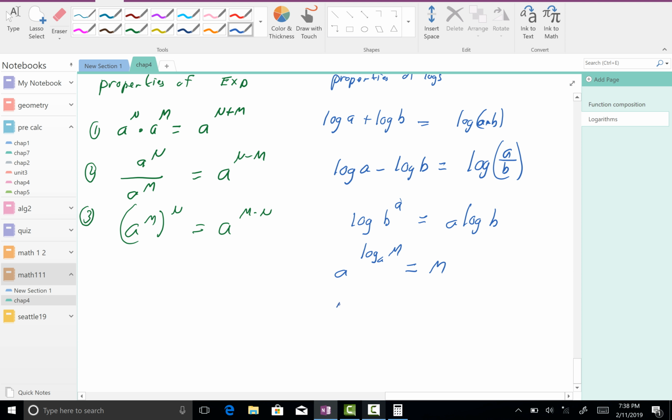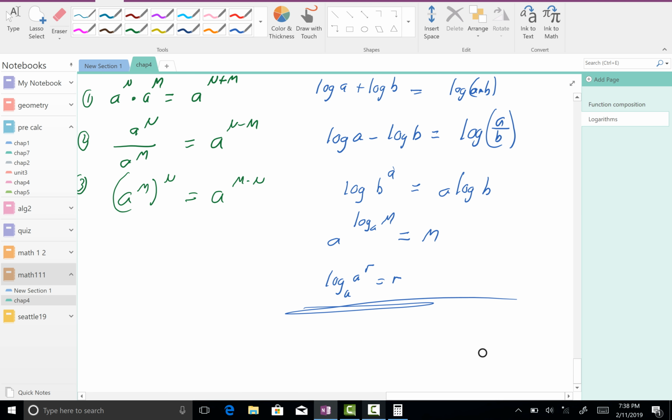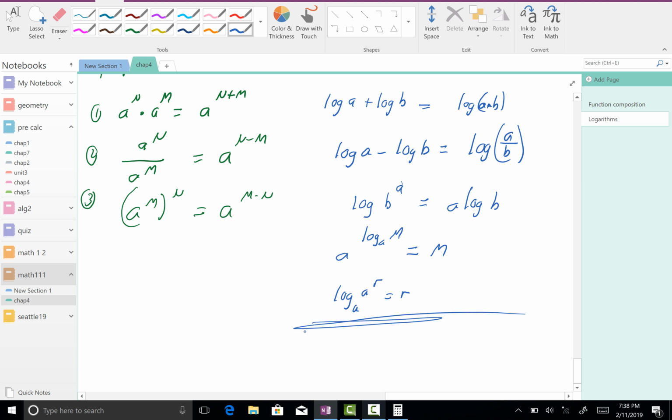And then they also mention this one, the log of a to the r base a is equal to r, which if you use the definition of a logarithm, it would work out anyway. So I really don't know if this one's really that important. They mention it. We'll do some examples with these.